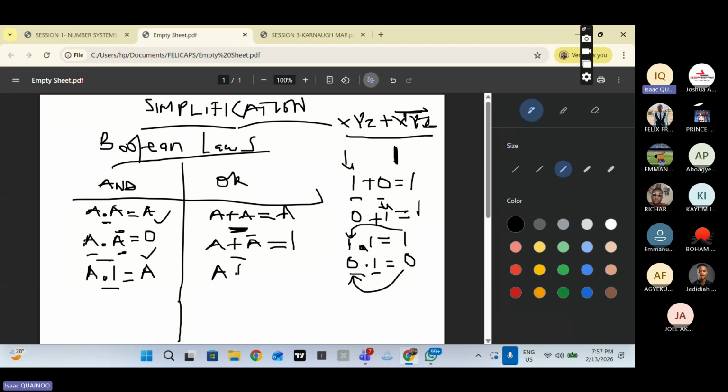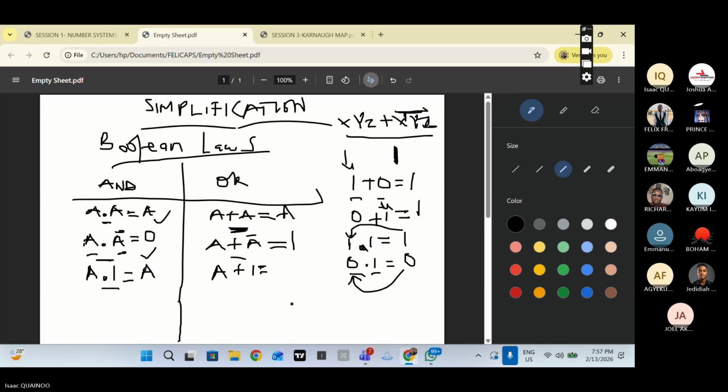Yes, please. With that example you just gave, I think it will not be so. The thing you said is X, Y, Z plus X, Y, Z all bar.